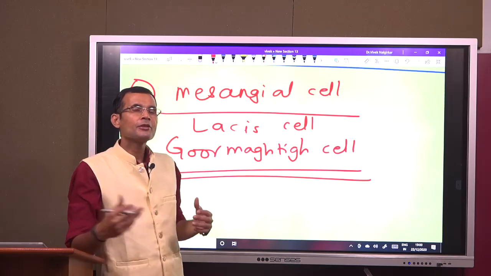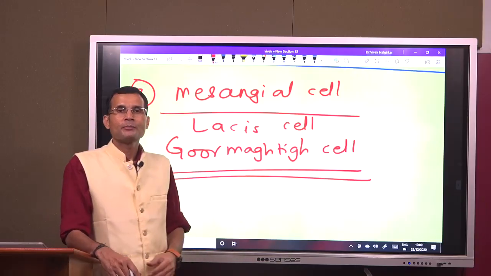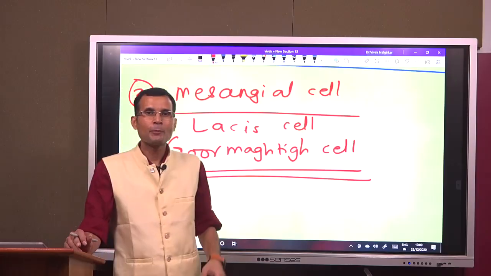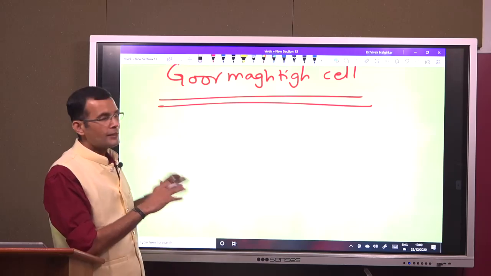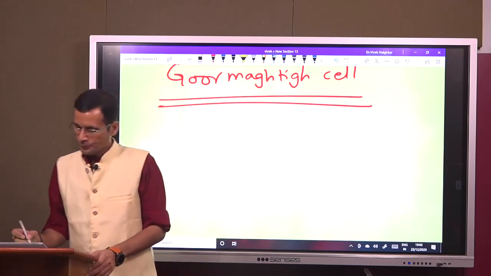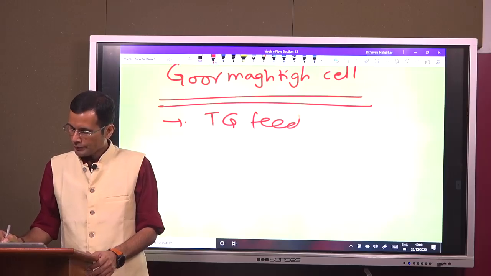Yes, very often we tend to pronounce each letter in the word, but that's not how most of the words are pronounced. Now, what is the function of this cell? This also is involved in the TG feedback.